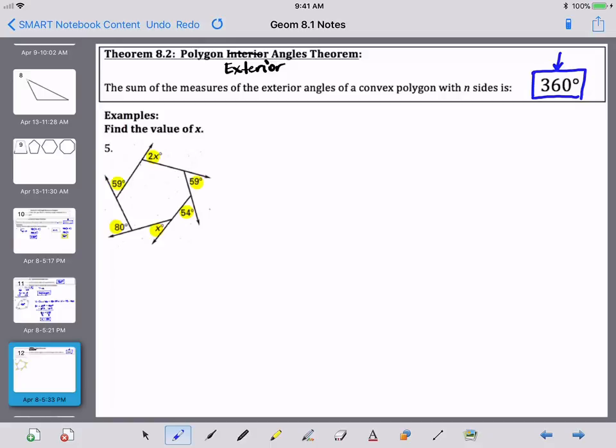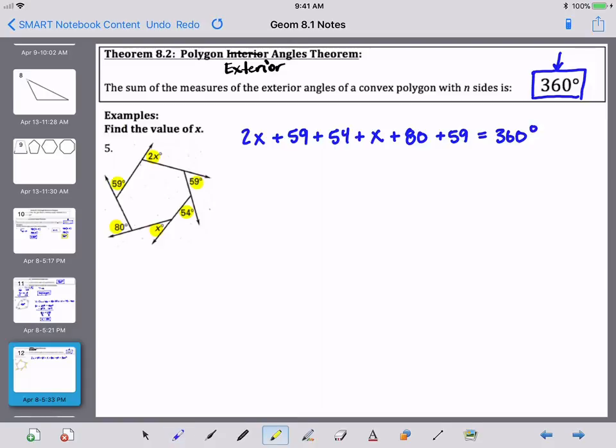So if we look here, we've got these 6 angles. They are exterior angles. So I know that if I take this 2x and 59 degrees and 54 degrees and x and 80 degrees and 59 degrees, those 6 angles add up to 360 degrees.